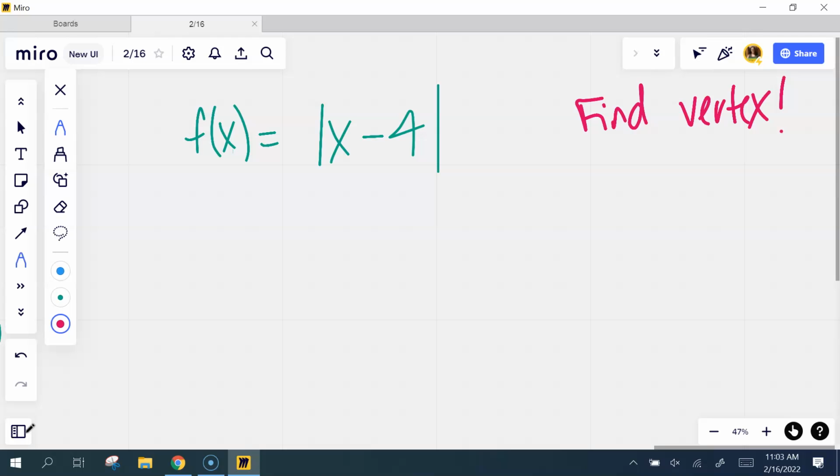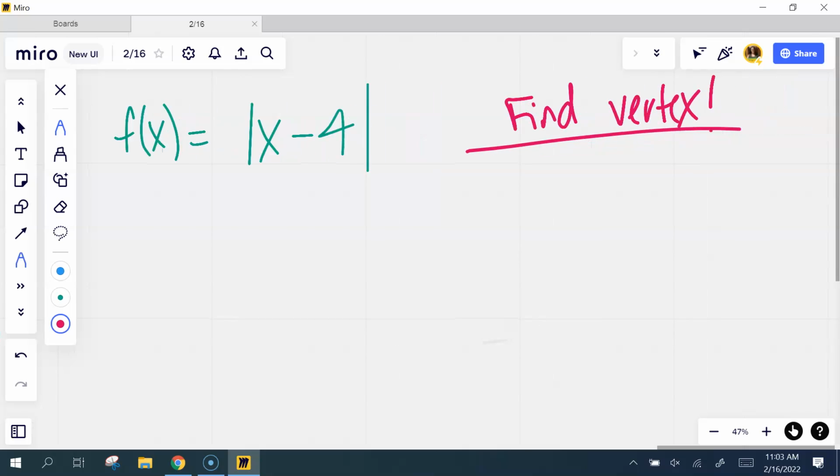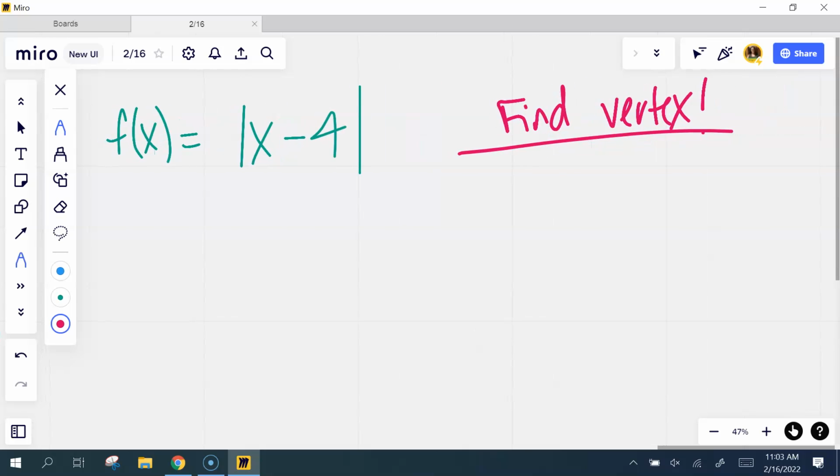Okay. So how in the world am I going to find the vertex? Now, this is going to be a little bit different than what's written on your paper. If you want to do it the way that she's got on here, you're more than welcome to. It works also. This way is a little bit less work than what's on here.